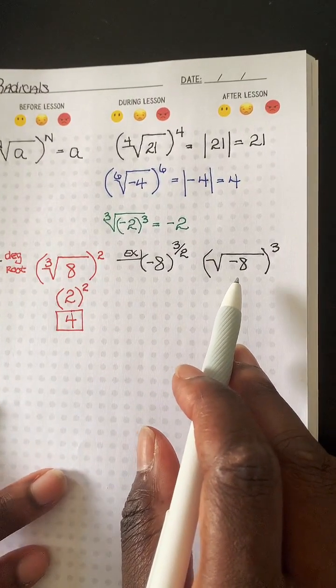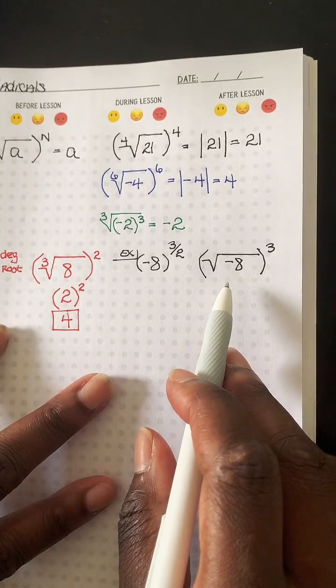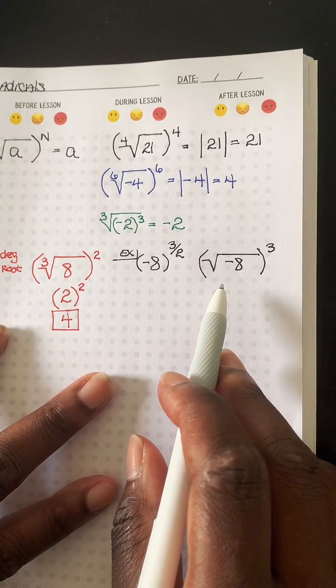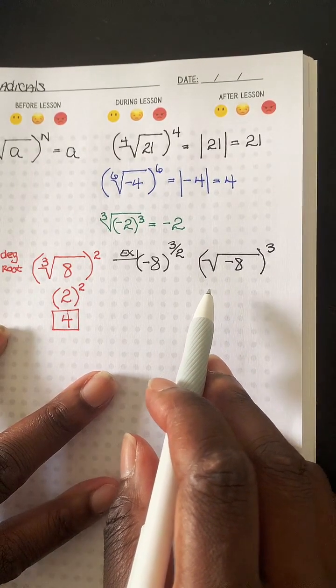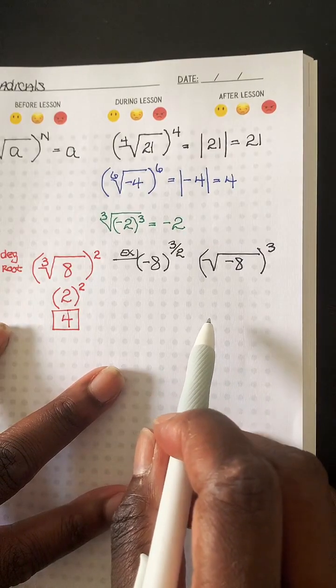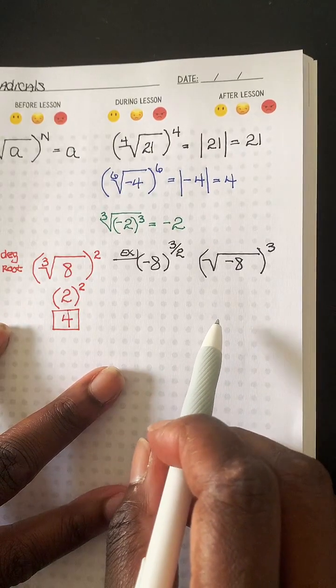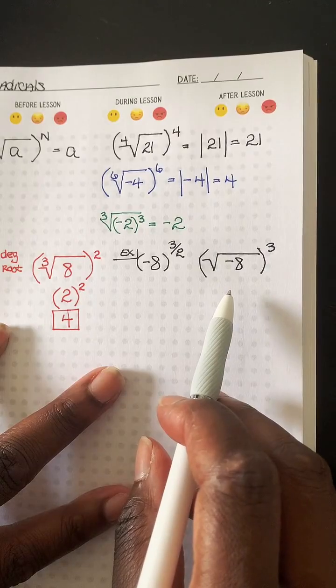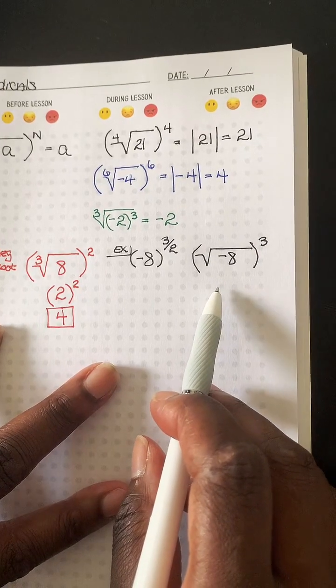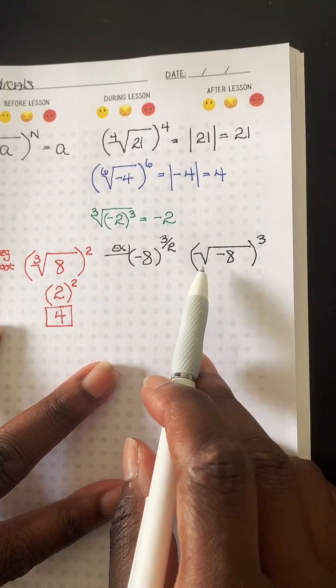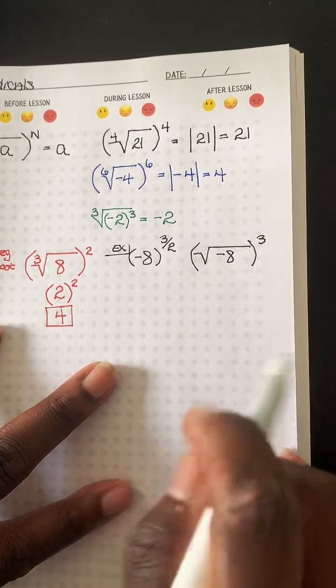So can we do this? Okay, can we do this? All right. Square root of negative 8. Can I do that?